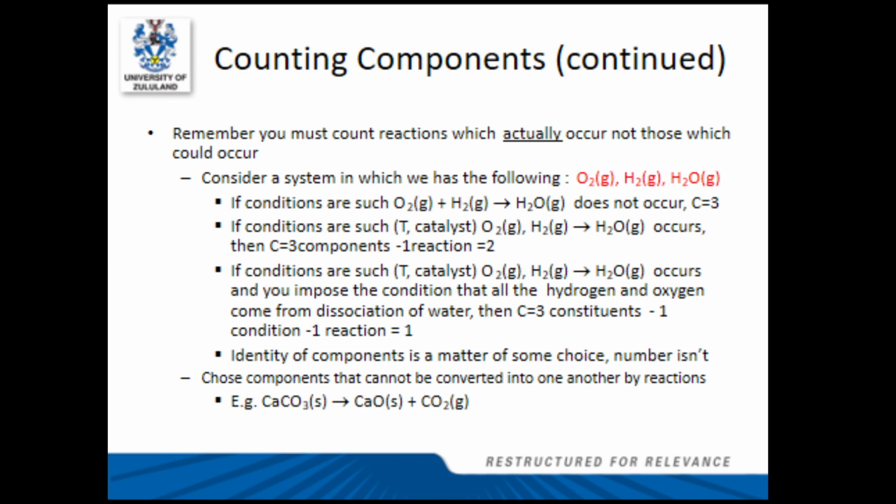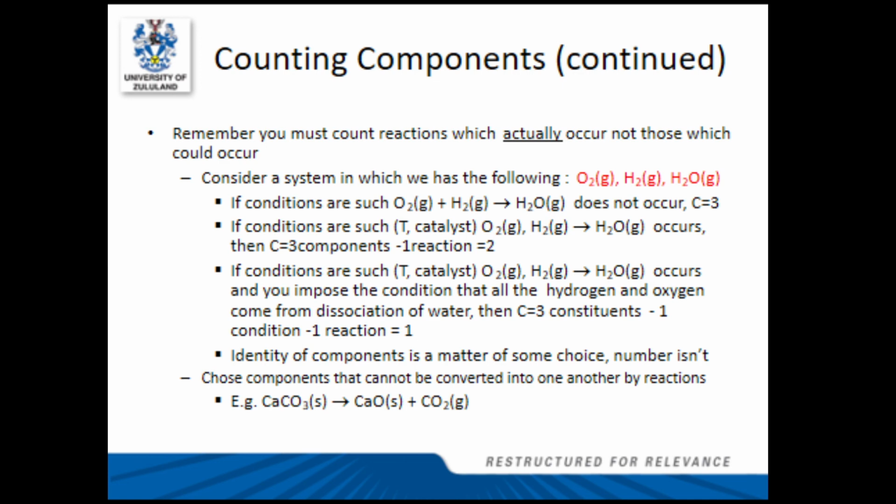If conditions are such that when the catalyst is introduced, hydrogen and oxygen yield water in gas form, and you impose the condition that all the hydrogen and oxygen come from the dissociation of water, what will C be in this case?